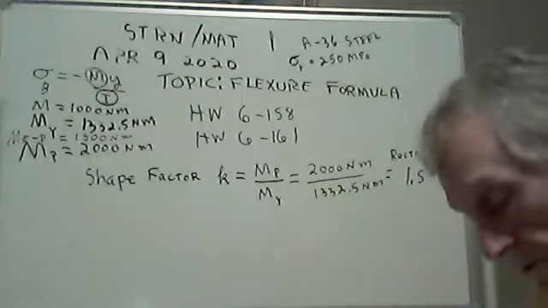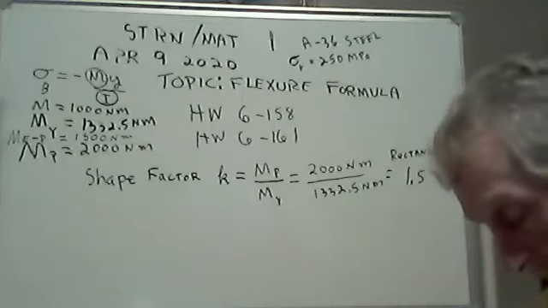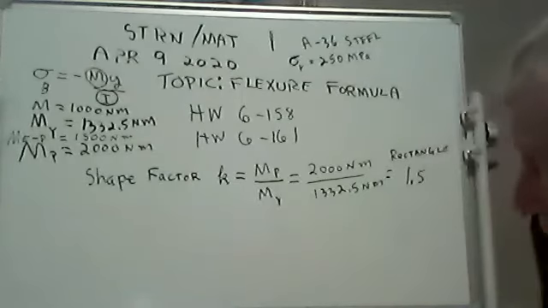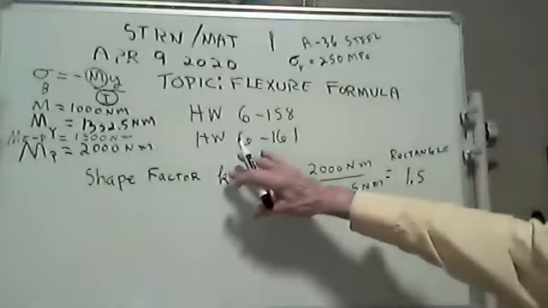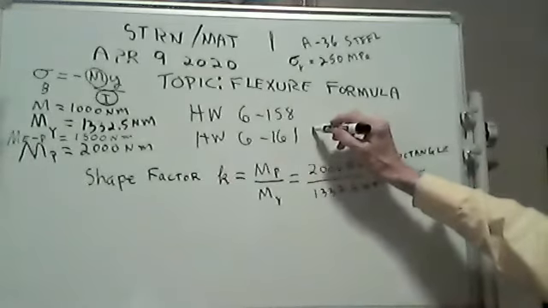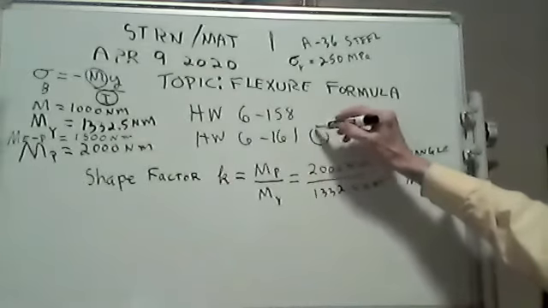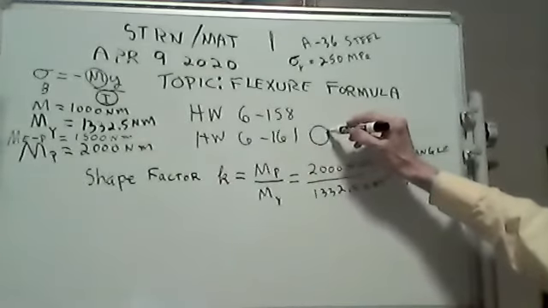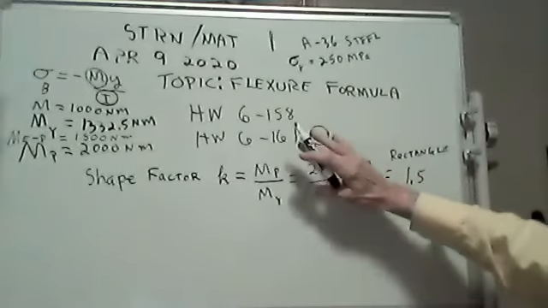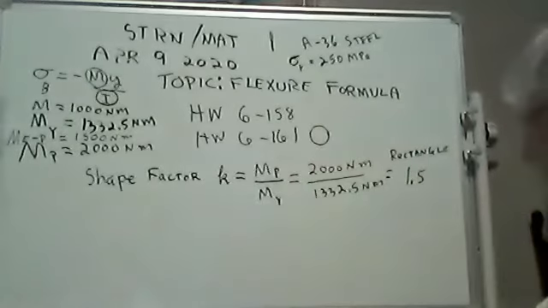But you'll discover the shape factor for different shapes. See, there's other shapes. I think this problem here, for instance, if I remember right, is a circle. Well, that's different than a rectangle. And the shape factor will be different.